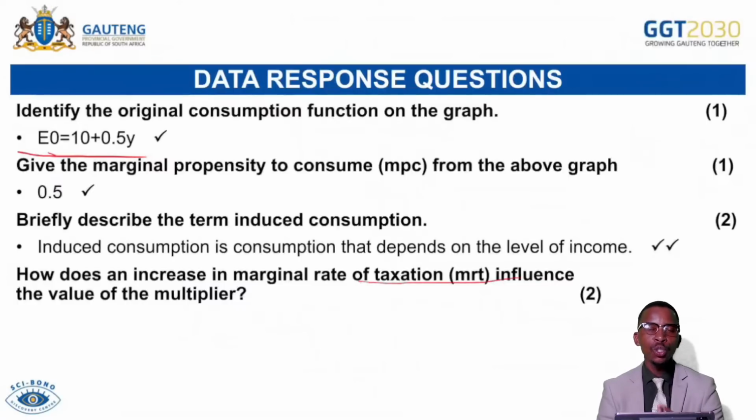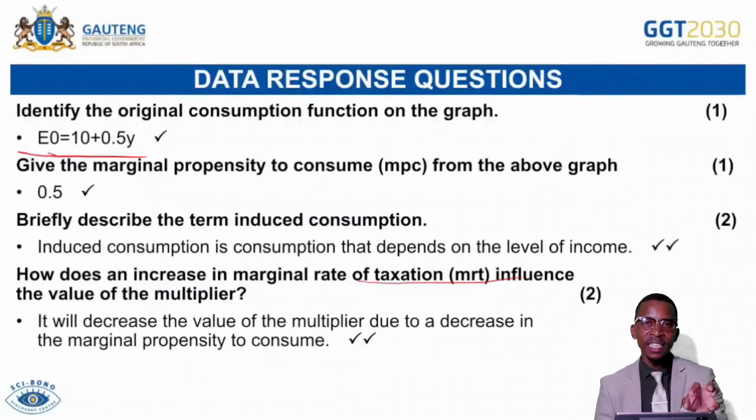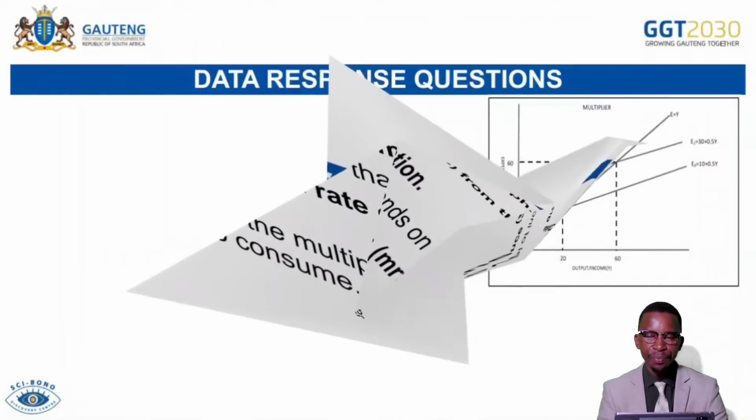So it is very important to know that leakages have a bad effect on the multiplier. They decrease the size of the multiplier. All leakages, if ever they increase, will decrease the value of the multiplier due to the decrease in the marginal propensity to consume. So remember, if ever taxation is involved, there will be less disposable income, so there will be less consumption spending.